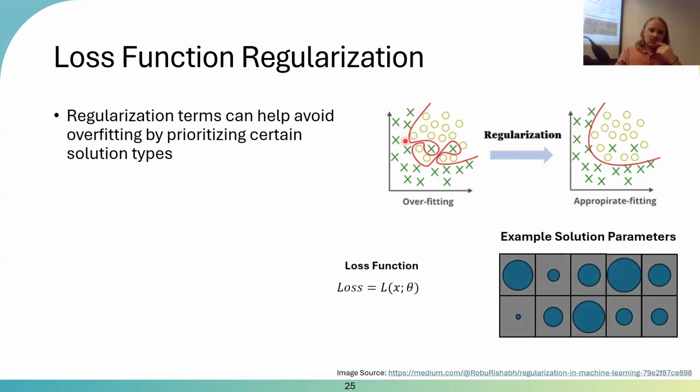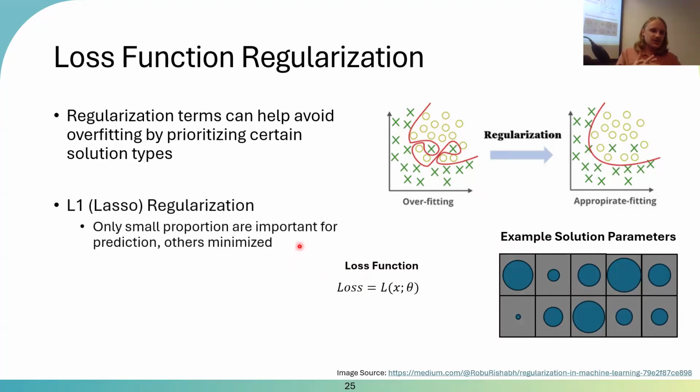So one way we might represent a solution like this in our neural network framework is that we have some parameter set that has weights that I'm associating with these circles that I've drawn right here. It's based on some single loss function, which is completely unconstrained and has no regularizer associated with it. But we might look for certain kinds of solutions through regularization based on what we might expect to see.